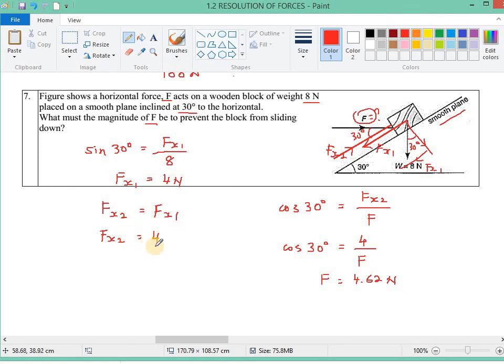So Fx2 equals 4 Newton because Fx2 must equal Fx1 in order to stop Fx1. To find F, because Fx2 is adjacent to the 30 degrees, cos 30 equals Fx2 over F. Fx2 equals 4, so the force F must be 4.62 Newton. Alright.